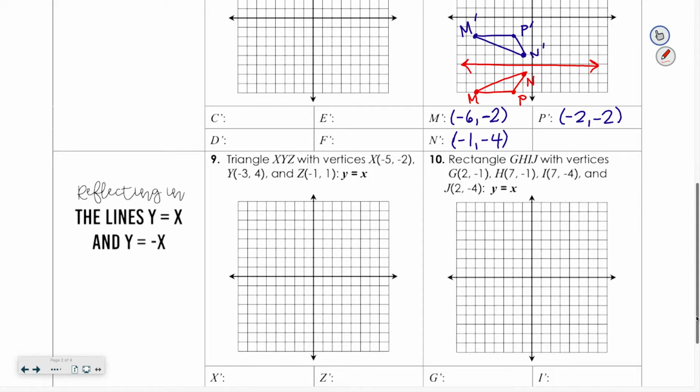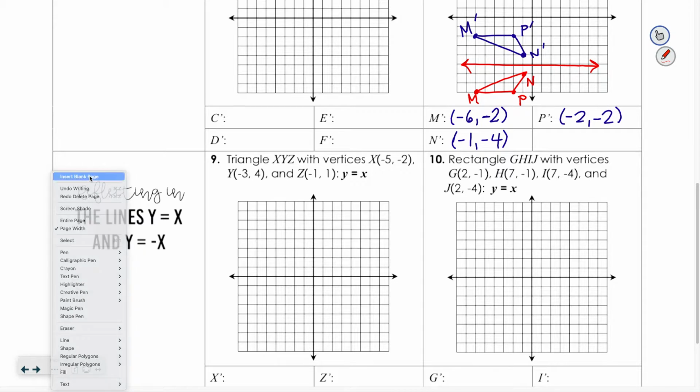So we're going to reflect over the lines y equals x and y equals -x. And those are diagonal lines. Now, we will also reflect over lines that are not just these, but these are the basic ones that you have a rule for. We can reflect over anything. We can reflect over y equals 1/4 x minus 6. But that's a whole different ballgame.